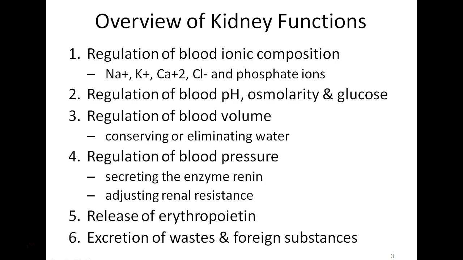And there's also a little bit of regulation of hydrogen ions and bicarbonate levels to maintain that acid-base balance. So that kind of leads a nice segue to function number 2. Yes, we are regulating blood pH with that acid-base balance.